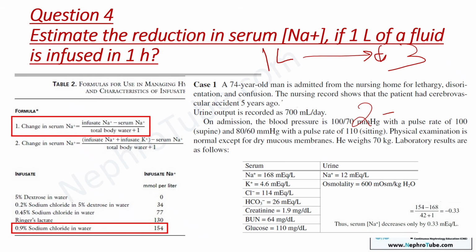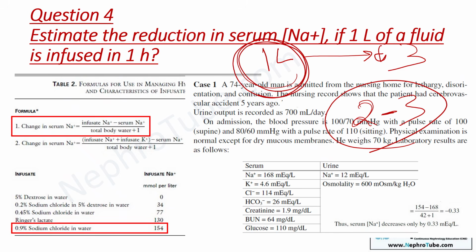We need to decrease the sodium by 2 to 3 milliequivalent per liter per hour. So we can use 1 liter of dextrose every hour in this patient to decrease the serum sodium by 2 to 3 milliequivalent. I see that you calculated it as 3.934. I didn't calculate it, but you got the idea.